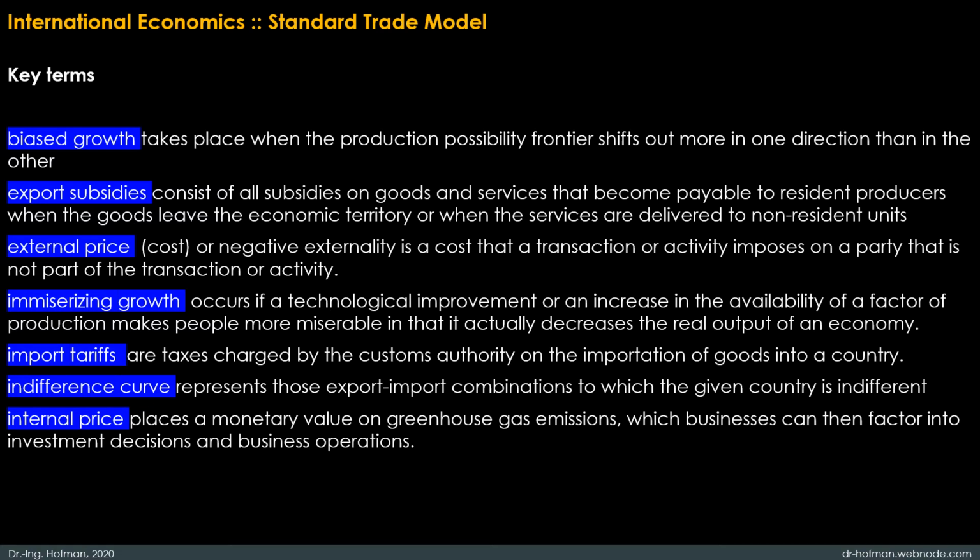Immiserizing growth occurs if a technological improvement or an increase in the availability of a factor of production makes people more miserable, in that it actually decreases the real output of an economy. It is often modeled as occurring because of structural rigidities in a model with international trade. Early exceptions to growth at home being beneficial come from classical and perhaps Marxist theories, Marx 1863-1883 or David Ricardo 1817.